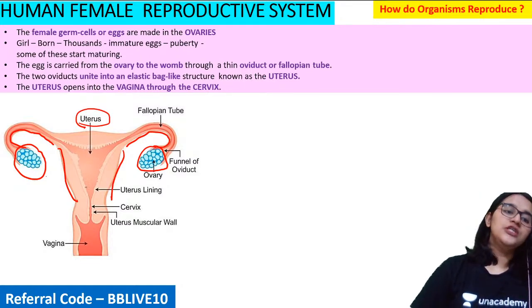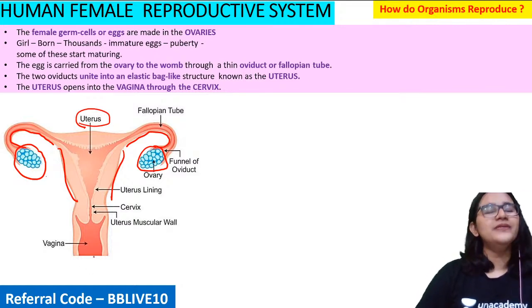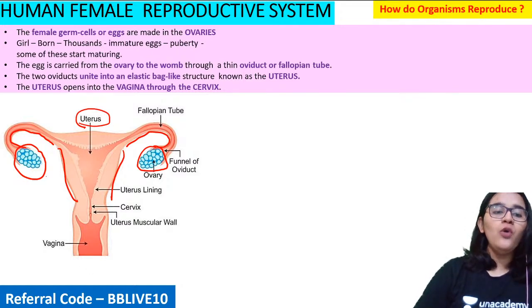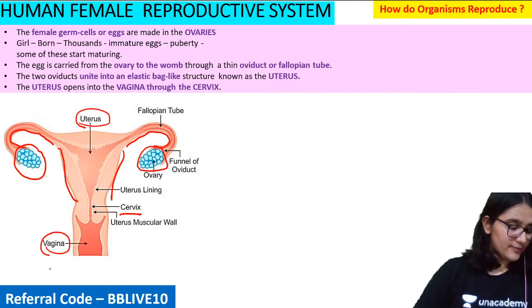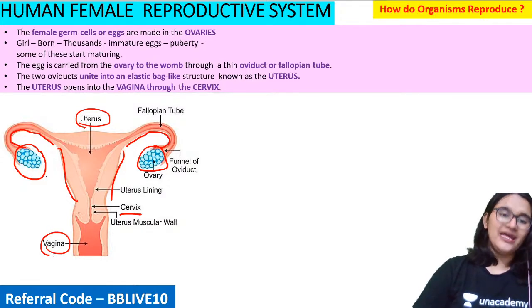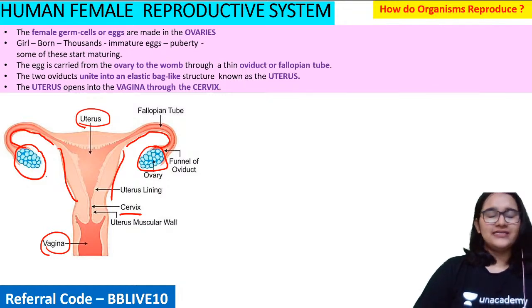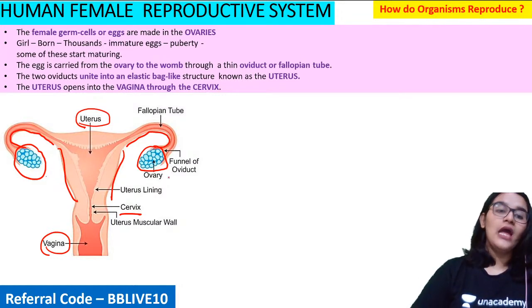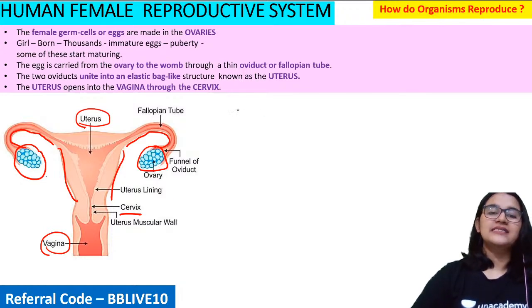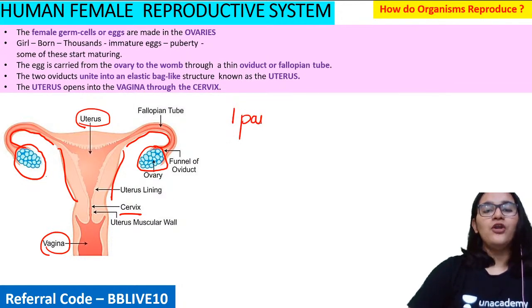Now this uterus is a bag-like structure which opens on one end through a narrow opening called the cervix, and it opens through something called the vagina. So that is everything present in a human female reproductive system. Over here, how many ovaries do I see? I see one pair of ovaries, that is two ovaries.